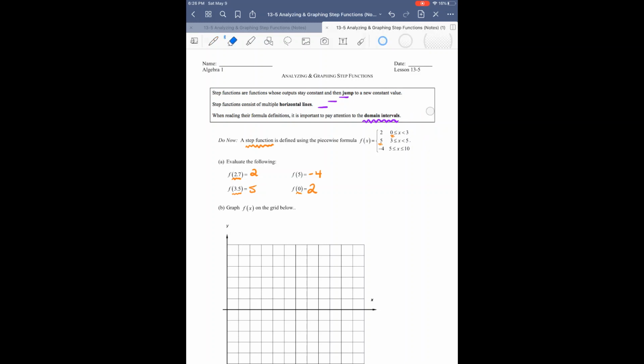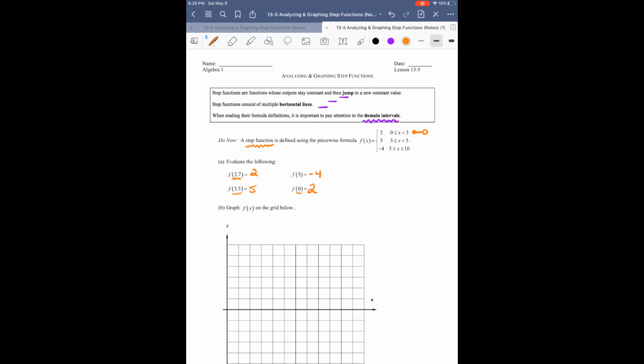Okay, so let's take a look at our domains. So for 0 less than or equal to x less than 3, we're going to start with a closed circle because we have an or equal to, and then we're going to end up with an open circle at the end because it is just a less than. We don't have or equal to.